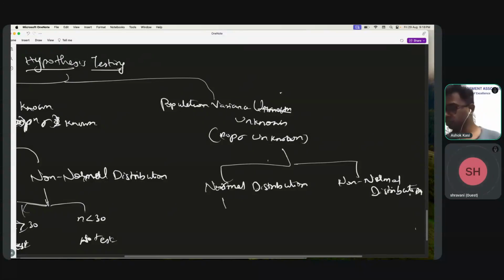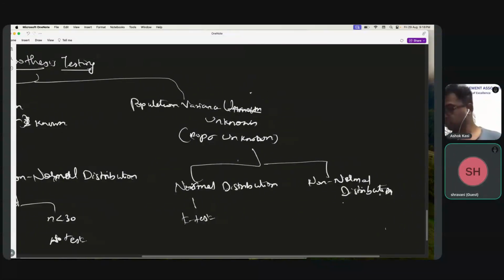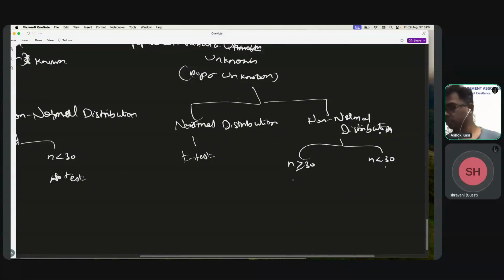Normal distribution, if it is normal distribution, go for t-test. Okay, t-test. What is this t-test? We will do all those. Then if it is non-normal distribution, n is greater than or equal to 30, or n is lower than 30. If it is greater than 30, go for t-test. Lower than 30, no test.